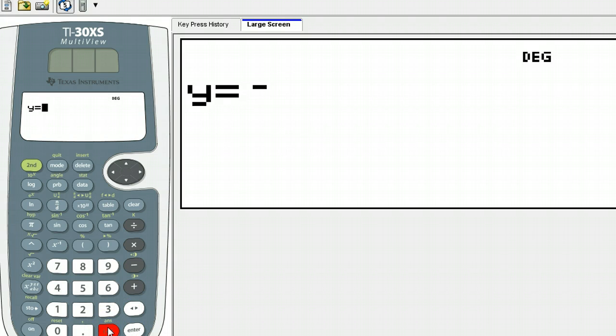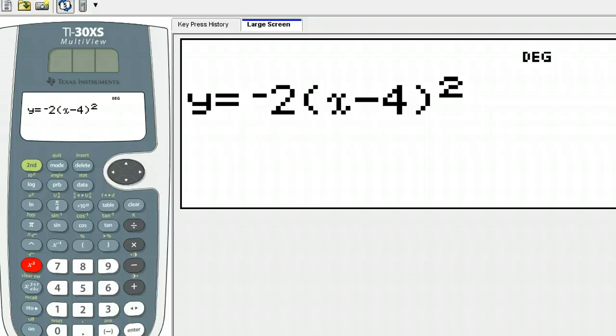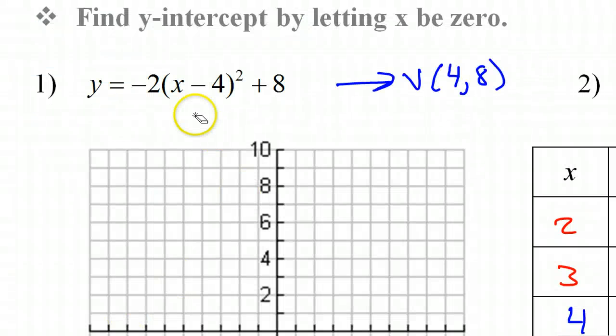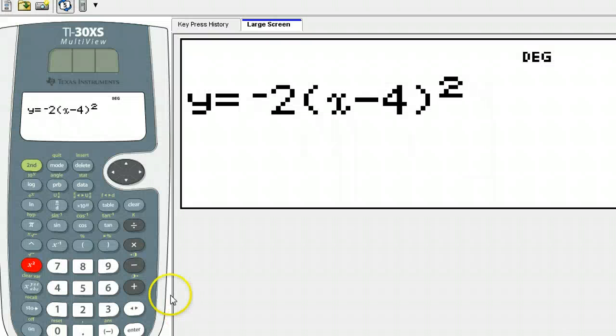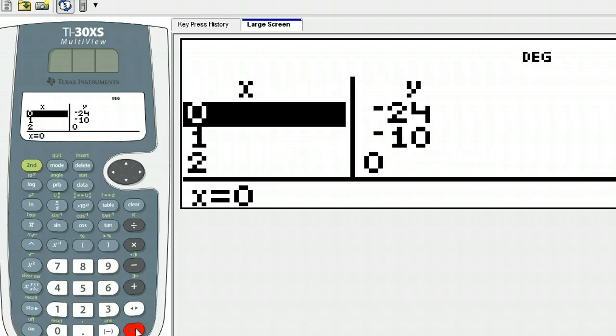Okay, so negative 2 times the quantity x minus 4 quantity squared plus 8. I'm going to wind up hitting enter 5 times. 1, 2, 3, 4, 5.